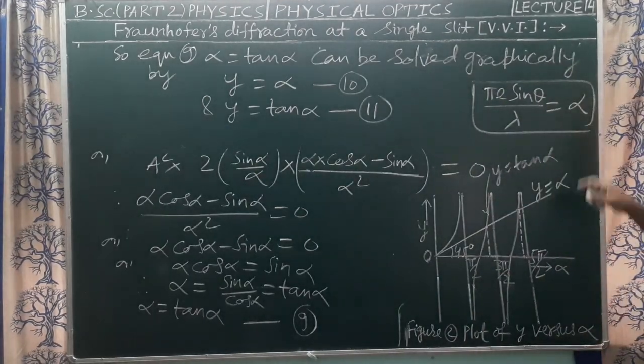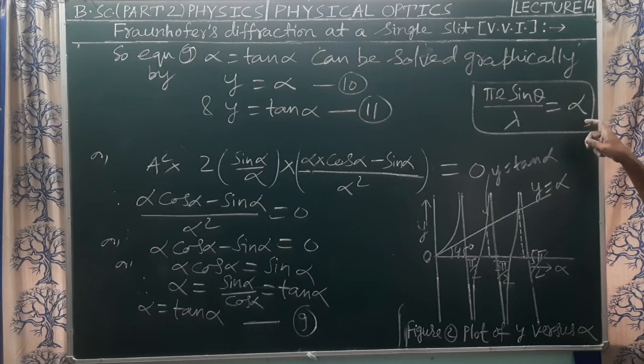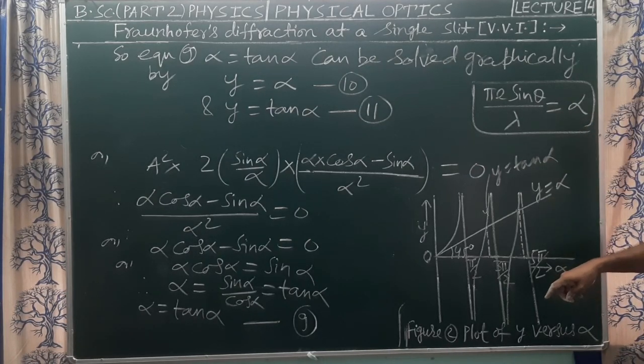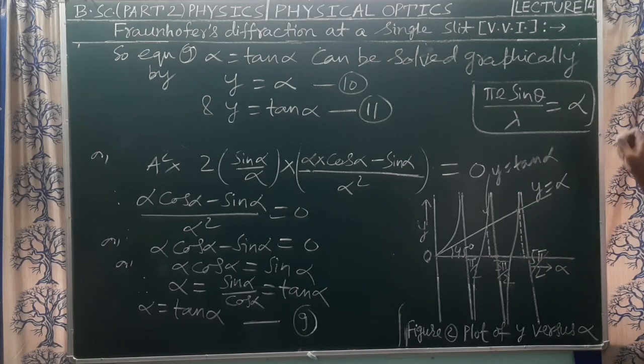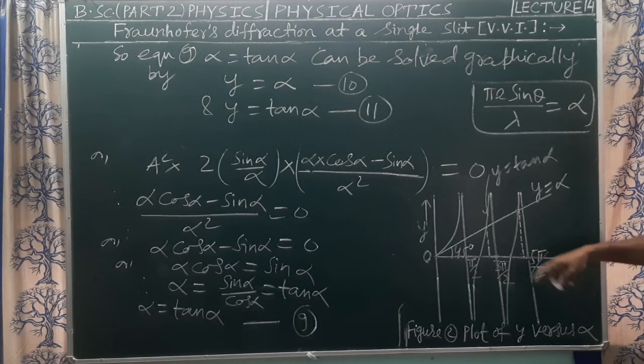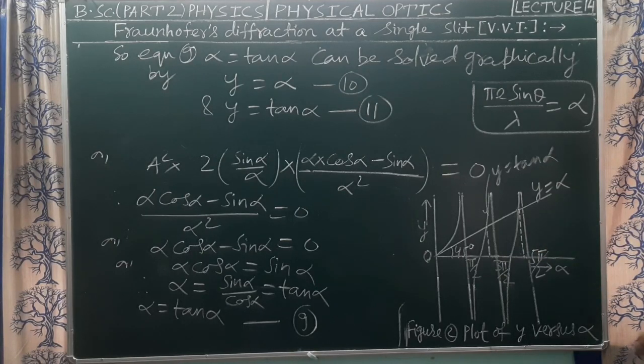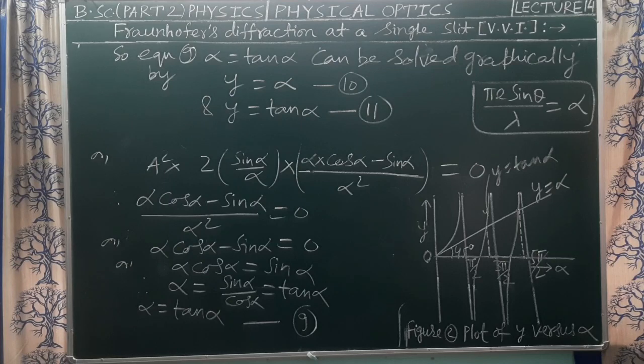So we will obtain the direction of maxima. Different values of direction of maxima from the point of intersection of two curves will give the values of various maxima, intensity of various maxima.